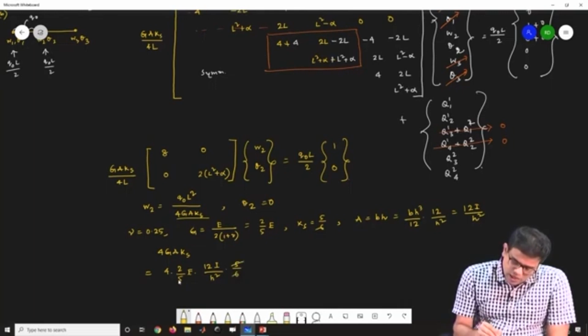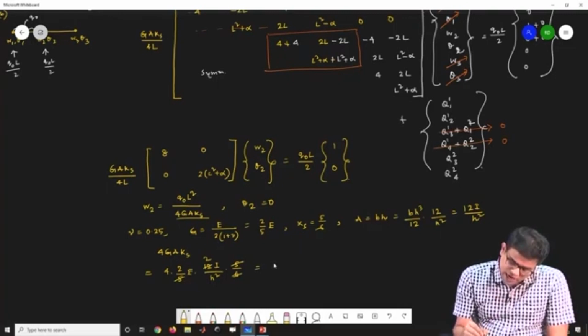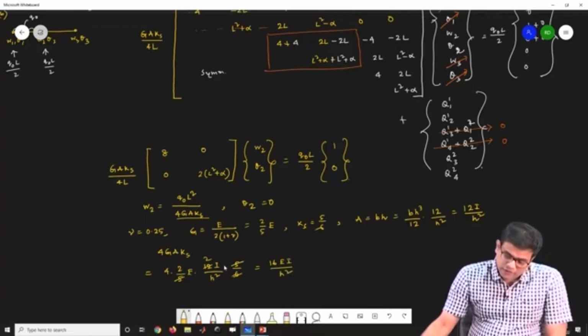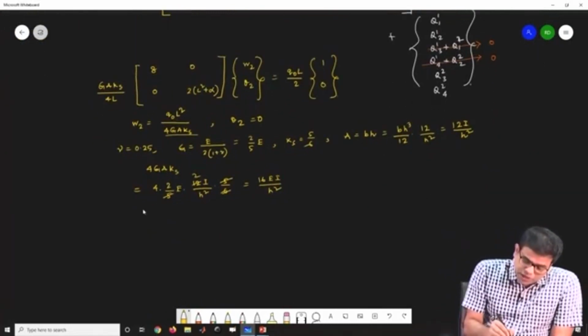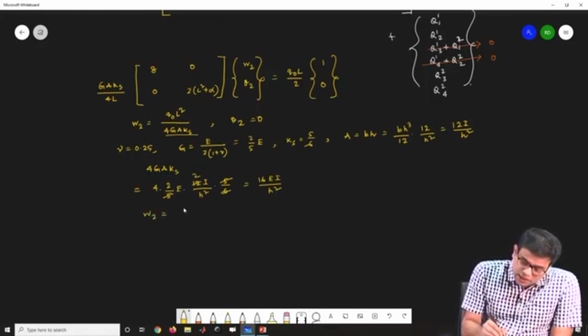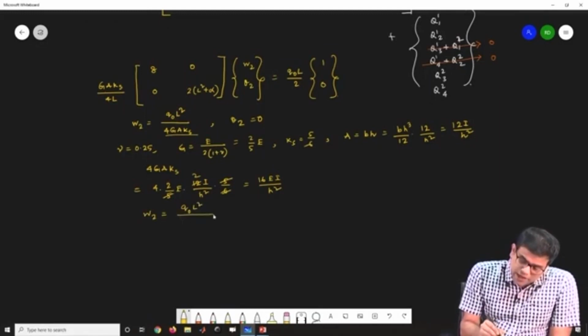So, if I cancel this, then this will look like this is 16 EI by H square. Now, what I will get is that my W2 is essentially Q0 L square by 4GAKs. That looks like Q0 L square H square by 16 EI.